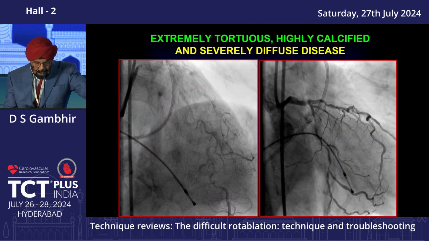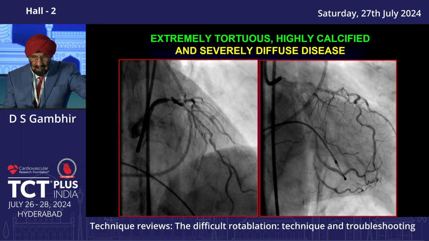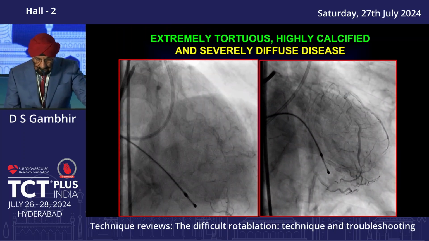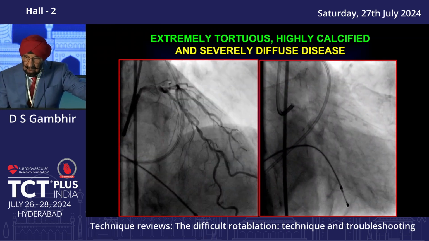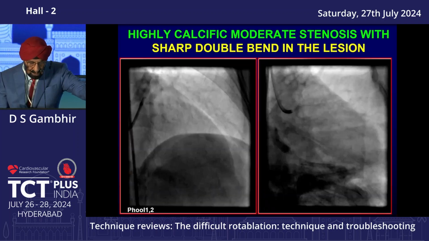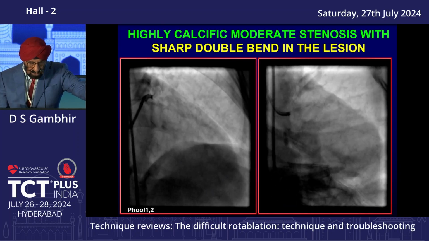Then we have an extremely tortuous, highly calcified, and severely diffuse disease, which also involves the distal left main, which is also highly calcified. Such patients may also require rotablation if they deny surgery or are not suitable for surgery. Then we have a highly calcified moderate stenosis with a sharp double bend.